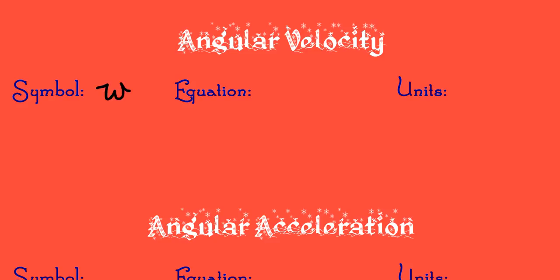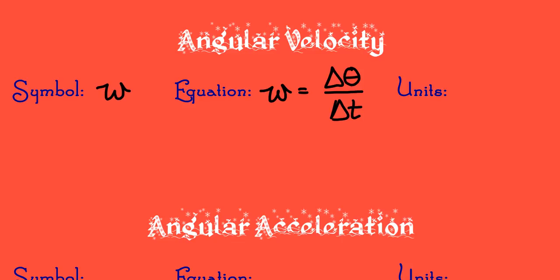It kind of looks like a W, but it has, for lack of a better word, wings on either side of it. When we're doing average angular velocity, we can calculate that with the angular displacement divided by time, just like we calculate average linear velocity by doing the linear displacement over time.